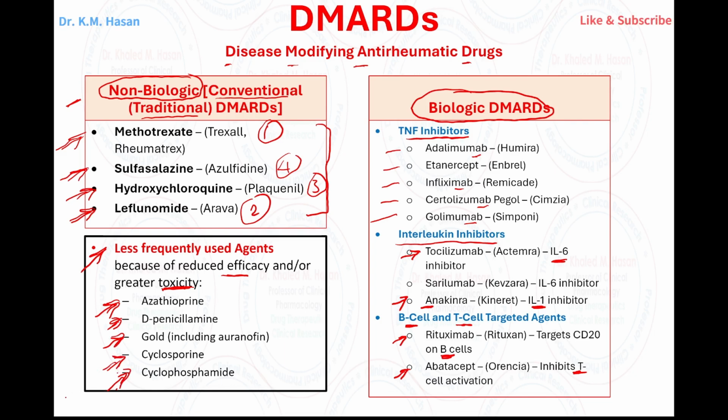Moving to the biological DMARDs, we have TNF-alpha inhibitors: adalimumab, etanercept, infliximab, certolizumab, golimumab. Medications for rheumatoid arthritis belonging to the interleukin inhibitors are anakinra and tocilizumab. The medication that inhibits B cells is rituximab. Inhibiting T cells, we have abatacept.